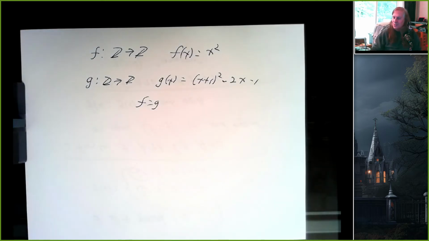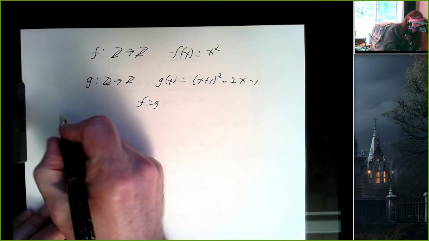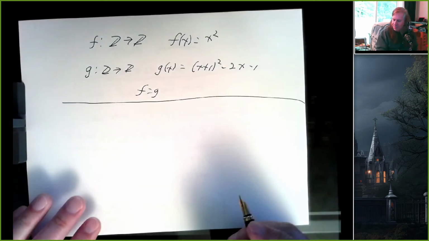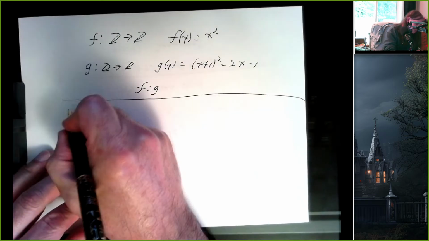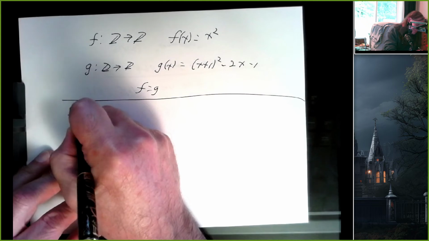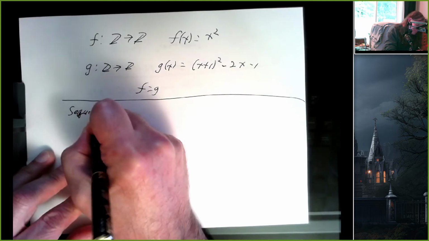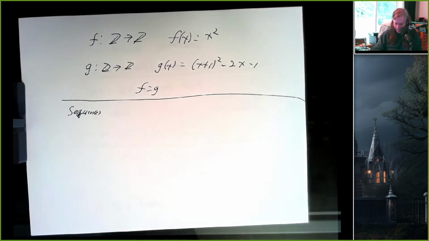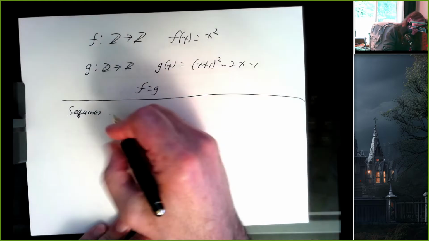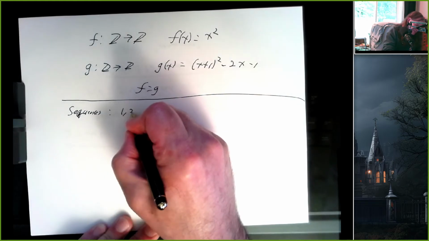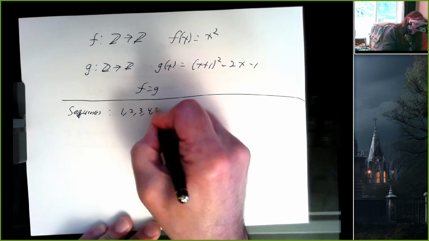All right, so let's shift gears a little, and let's talk about sequences. With sequences, we are talking about things that have order. A sequence is something like the sequence of integers 1, 2, 3, 4, 5.